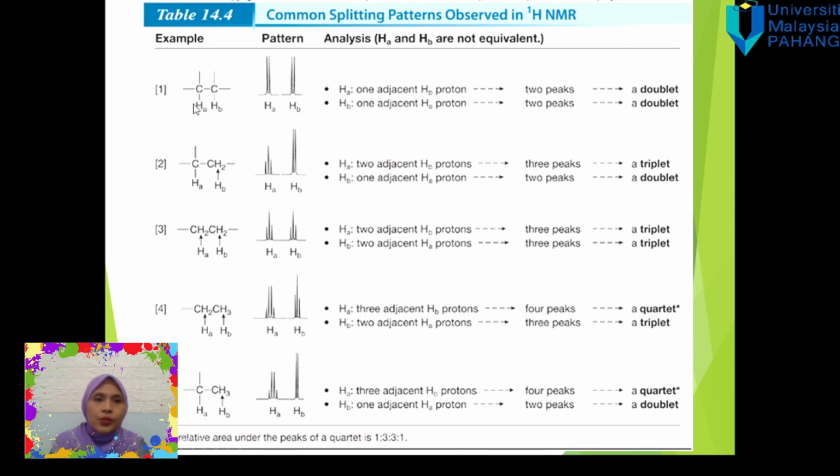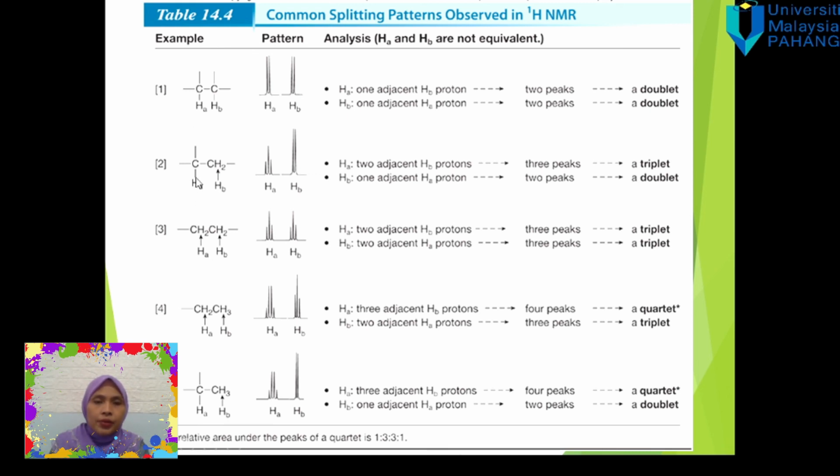Let's say you want to see the splitting pattern for this signal, so we need to see the neighboring protons here. How many neighboring protons here? HB is 1, so use the rule n+1. So the splitting pattern for HA is n+1, 1 plus 1 is 2, so HA is a doublet. HB also is a doublet because the neighboring proton is 1, so use the rule n+1.